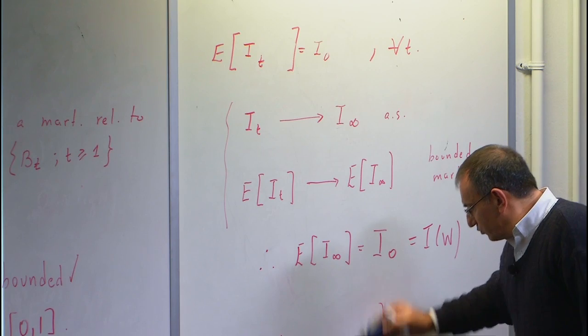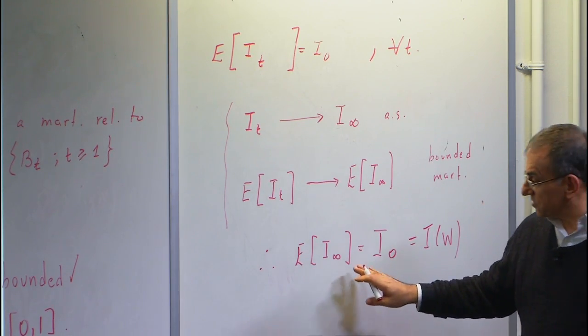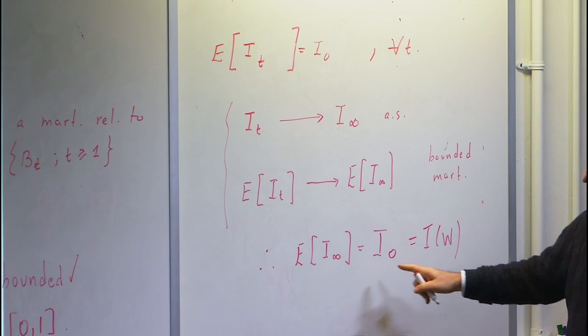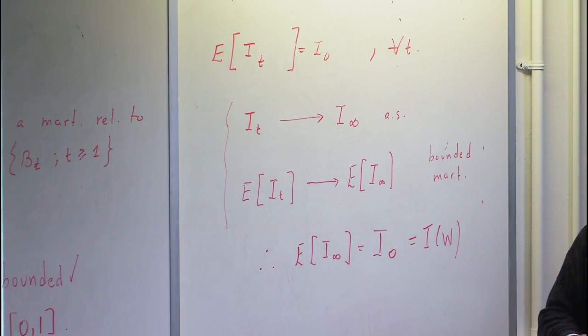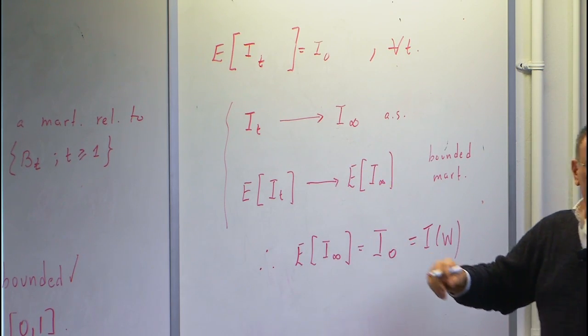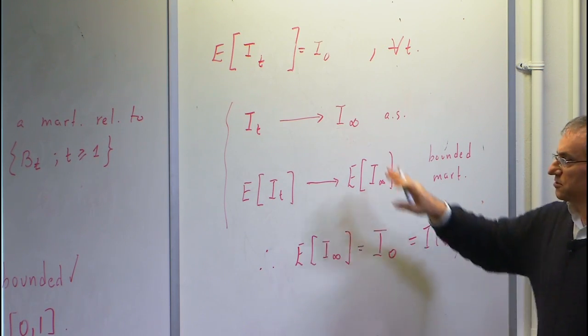So what do I need? We need to do additional work. These are going to be true, but I infinity will just be equal to I of W. So the limit random variable here will simply be equal to I of W. Nothing is moving around. There is no polarization.